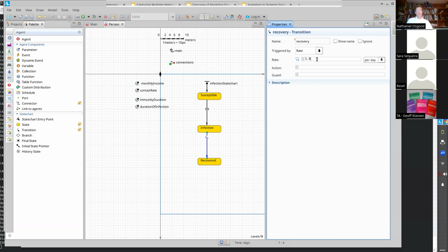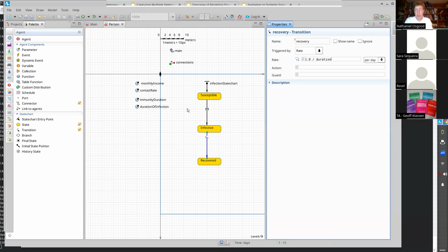If you have an average time that you spend infected, a duration of infection, the rate of leaving, realized as an exponential distribution with a fixed chance per day of leaving, conditional on being in that state, is 1.0 divided by that mean time.